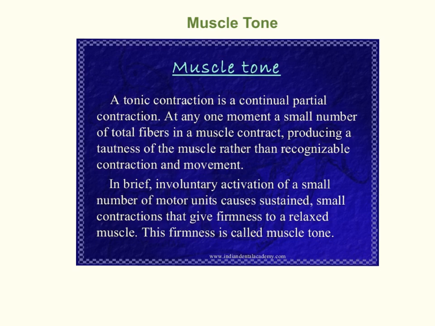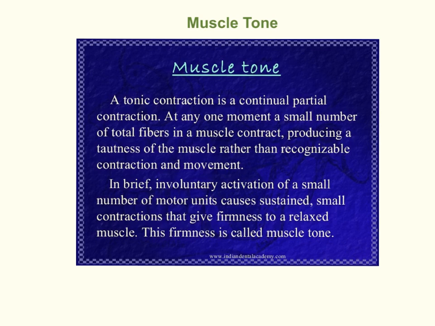And we also often hear about something called muscle tone. Muscle tone is the continual partial contractions of muscles that give firmness to relaxed muscle and help us maintain posture. What causes these partial contractions of the muscle?